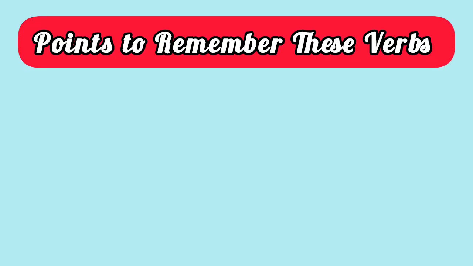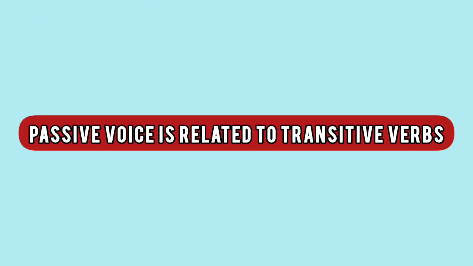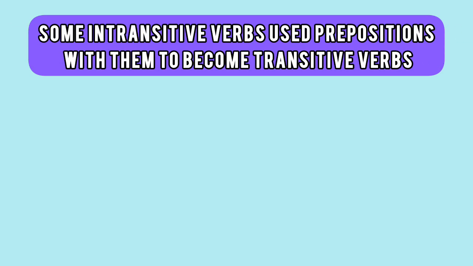Dear viewers, now let's find out a few points to remember about the intransitive and transitive verbs. These are: passive voice is related to transitive verbs only. Some intransitive verbs use a preposition with them to become transitive verbs.